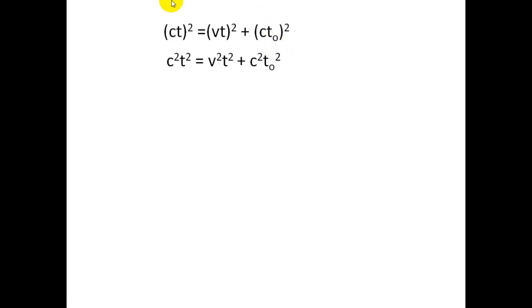So we continue on and we square each term, distributing that squared term throughout the brackets, and we have c squared times t squared equals v squared times t squared plus c squared times t naught squared. What we're trying to do here is relate the time as experienced by the Earth observer to the time as experienced by the space traveler.